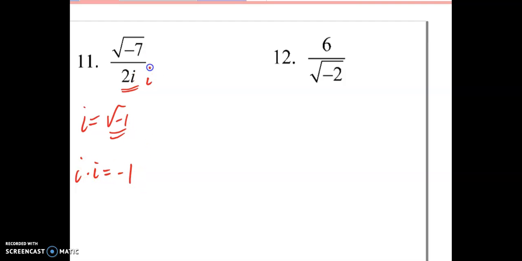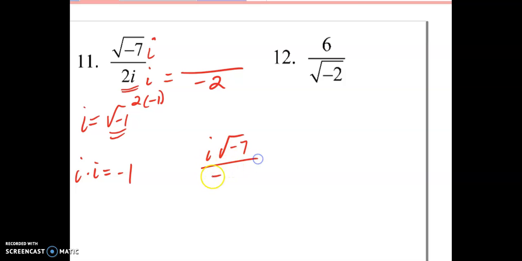So if I multiply this by i, the bottom of this will become 2 times -1, which is -2. And that gets rid of the i. But if I multiply it on the bottom, I must multiply it on the top, which will give me i times the square root of -7 over -2.